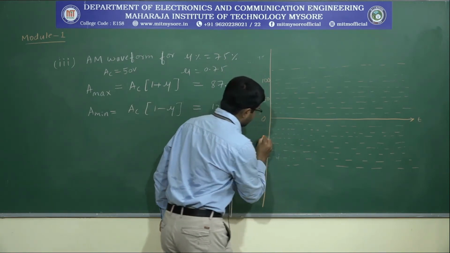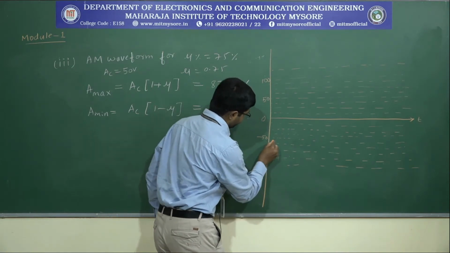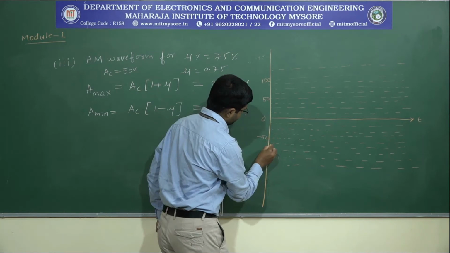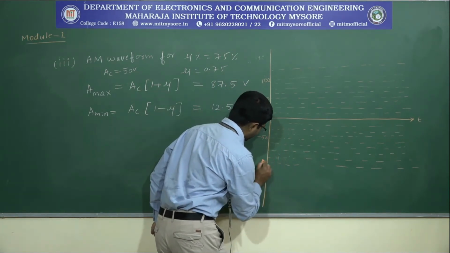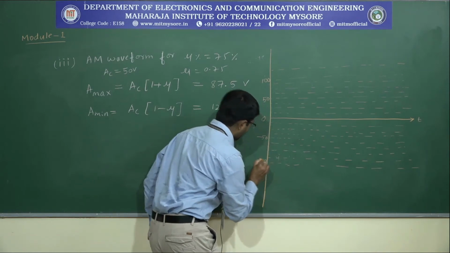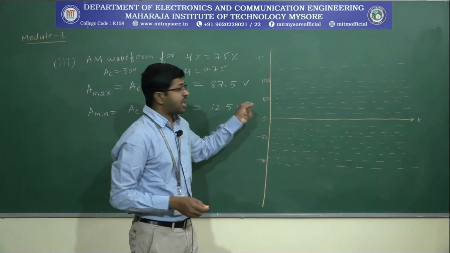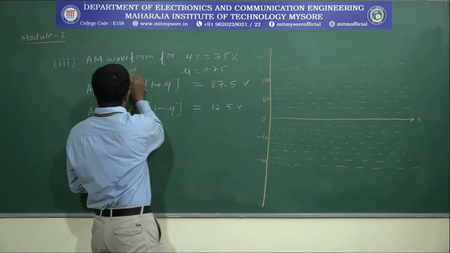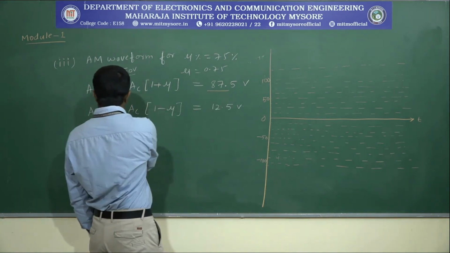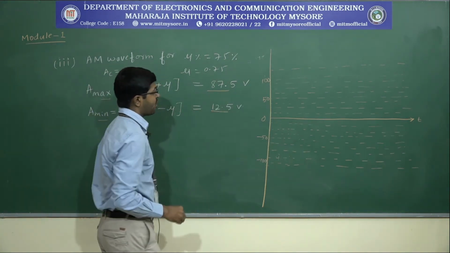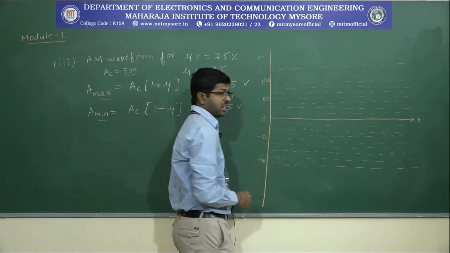Approximately, I am writing the amplitude levels here. The carrier signal amplitude is 50, Amax is 87.5, Amin is 12.5. So our signal should start from 50.